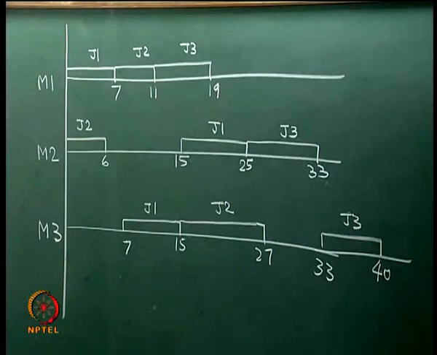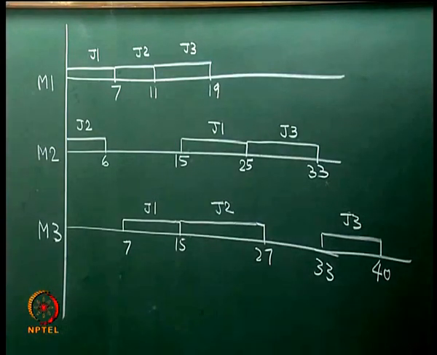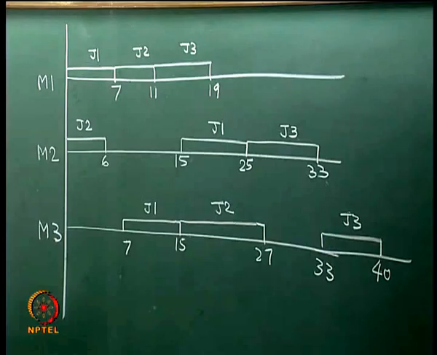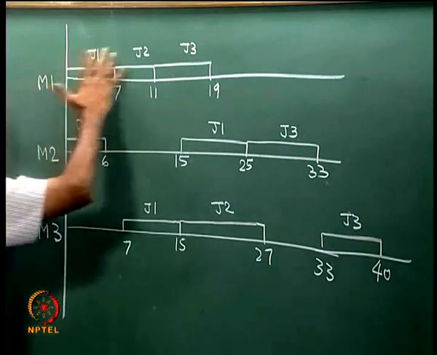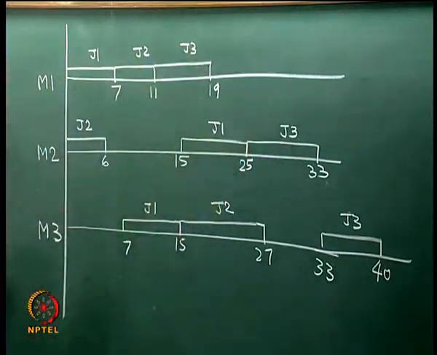The other learning also is that the important thing though is the computation of the make span and try to minimize the make span, but the decision that has to be taken, what the SPT rule did is to try and find out a certain order in which the jobs are going to be processed on the machines.